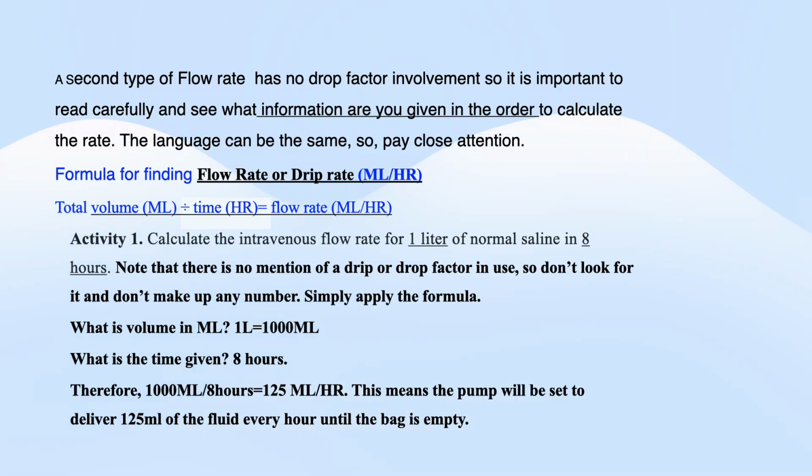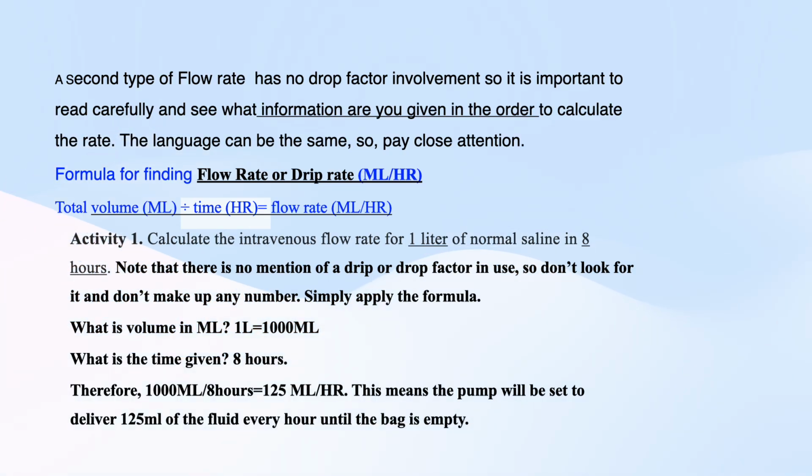This is only asking that if you have a liter bag of normal saline IV fluid we run into the patient, and this bag of fluid must finish within 8 hours, how much are we going to set up for the pump to run this fluid in order to finish within 8 hours? So that's all it's saying.